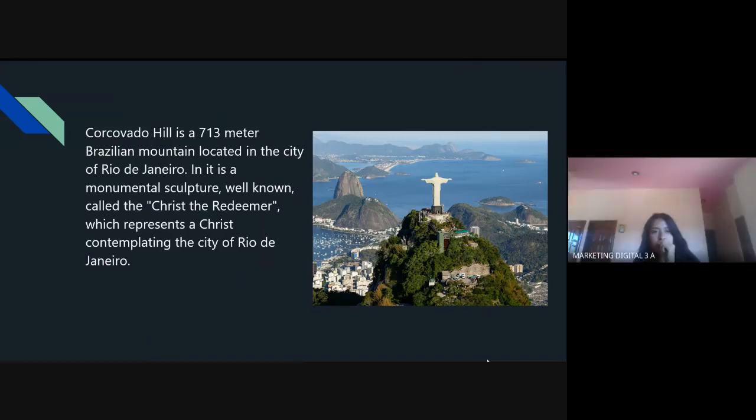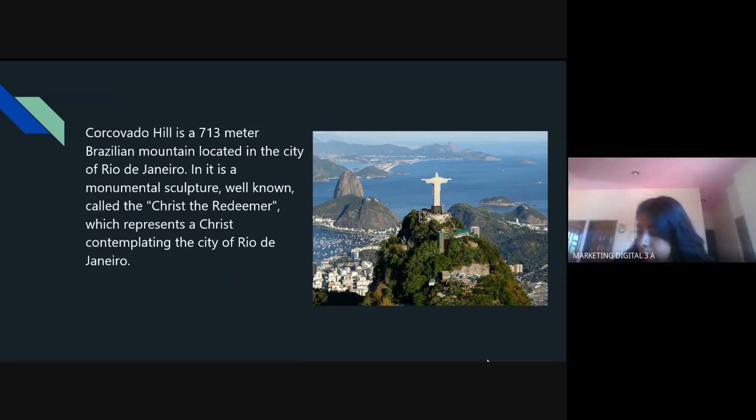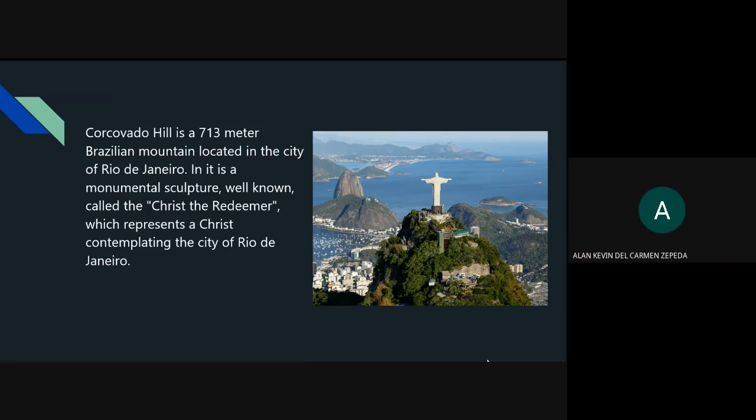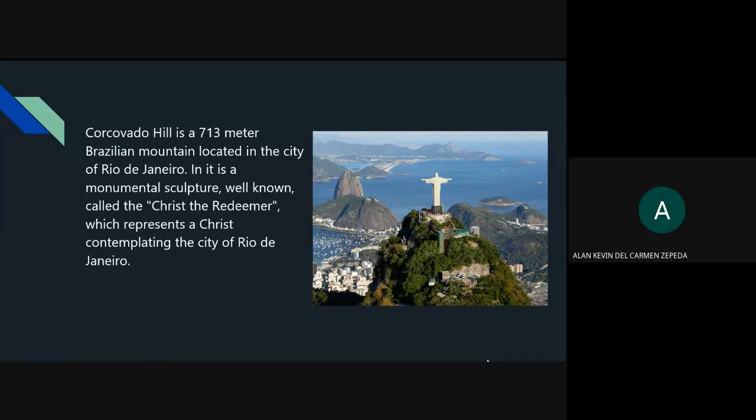Okay, next slide. Corcovado Hill is a 713 meters Brazilian mountain located in the city of Rio de Janeiro.